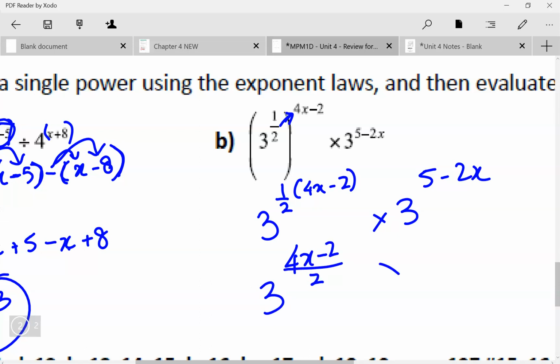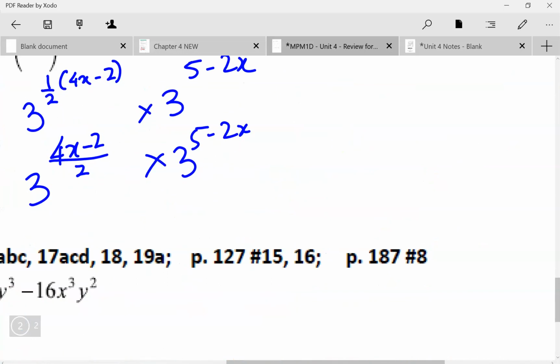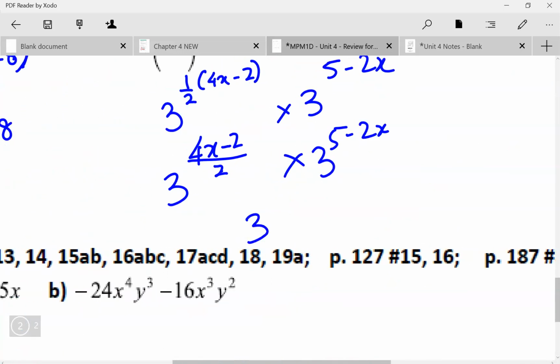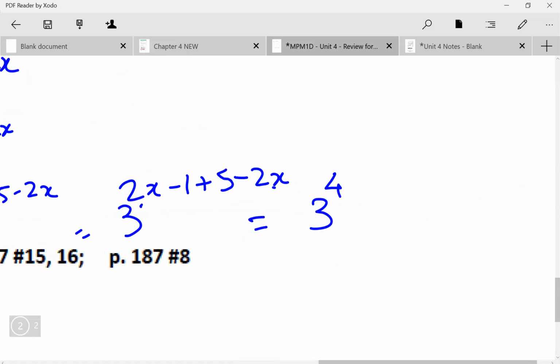Then I do the division, while still keeping this little bit untouched. For division, divide each term in the numerator by the denominator. 2x minus 1 times 5 minus 2x. 2x minus 2x is 0x, 3 to the power of 4.